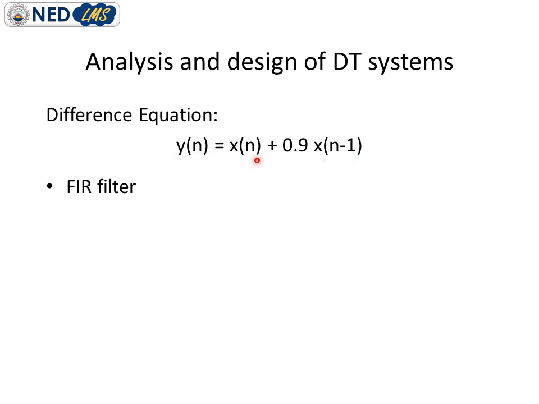So if that term is written here, then it is depending upon the previous output, but as you can see, the current output is only depending upon the current input sample and the previous input sample. So this system is basically an FIR system, or we can say that this system is an open loop system, that is, this system is having no feedback.